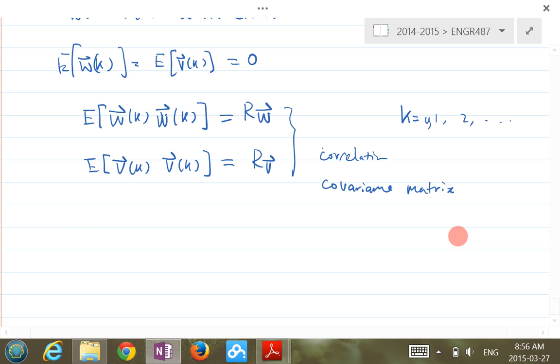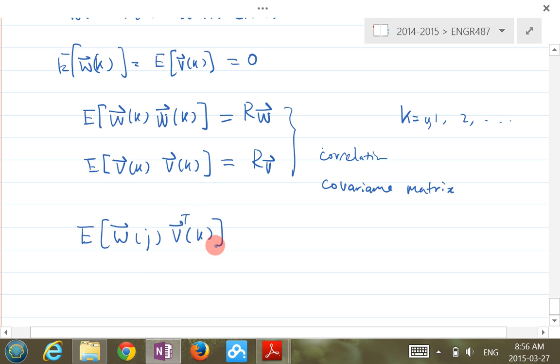And between W and V, they are independent. So if you pick a J for the W, and a K for the V, I should have it transposed here because they are vectors, J and K could be different, and they're all 0 basically.